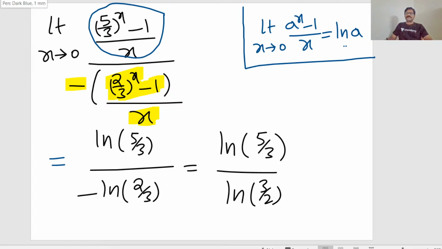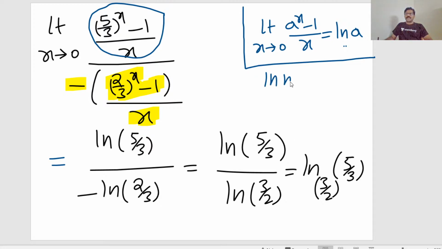It is in the form of log m by log n. Therefore, you can write log m base n, log 5 by 3 base 3 by 2. Log m by log n is log m base n.